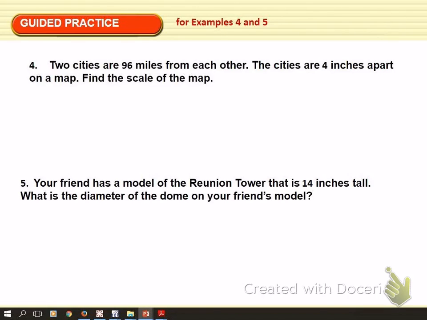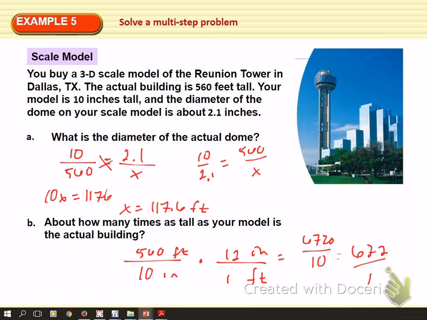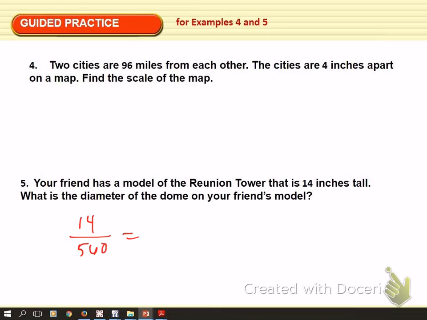Okay, well again, you set up your proportion so that your ratios are following a similar pattern. I would still go height to height. That makes sense to me. So 14 inches is the height of the model. 560 feet is the height of the actual tower. Back up and make sure. Yep. Okay. Now that has to be equal to comparing the diameters of the dome.